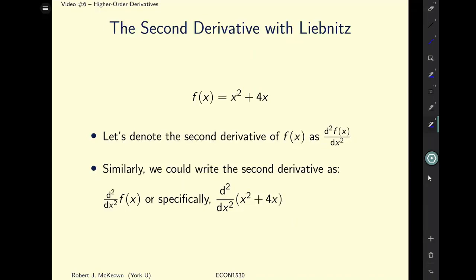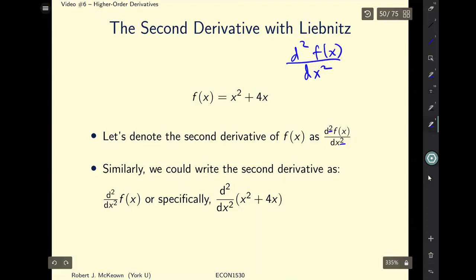So the second derivative with Leibniz notation uses squares. So it's got these little 2's floating around, but it's actually not squaring anything. Those are just symbols. If we think of our previous example, the second derivative was equal to 2, and in Leibniz notation, that's how we would signify it, with these little square terms.